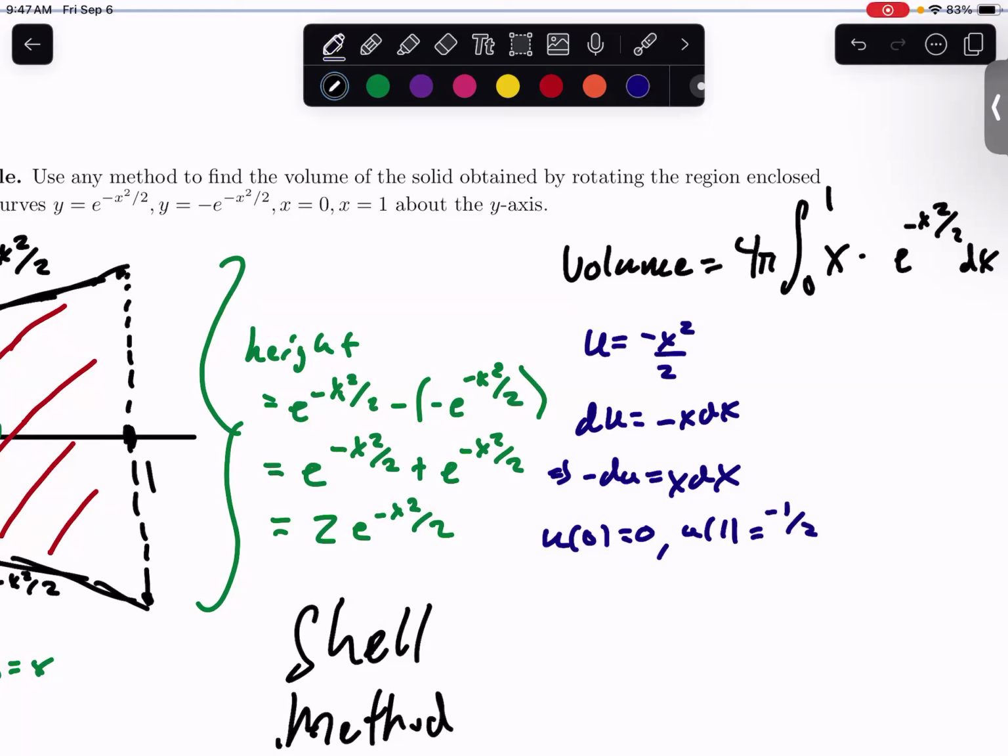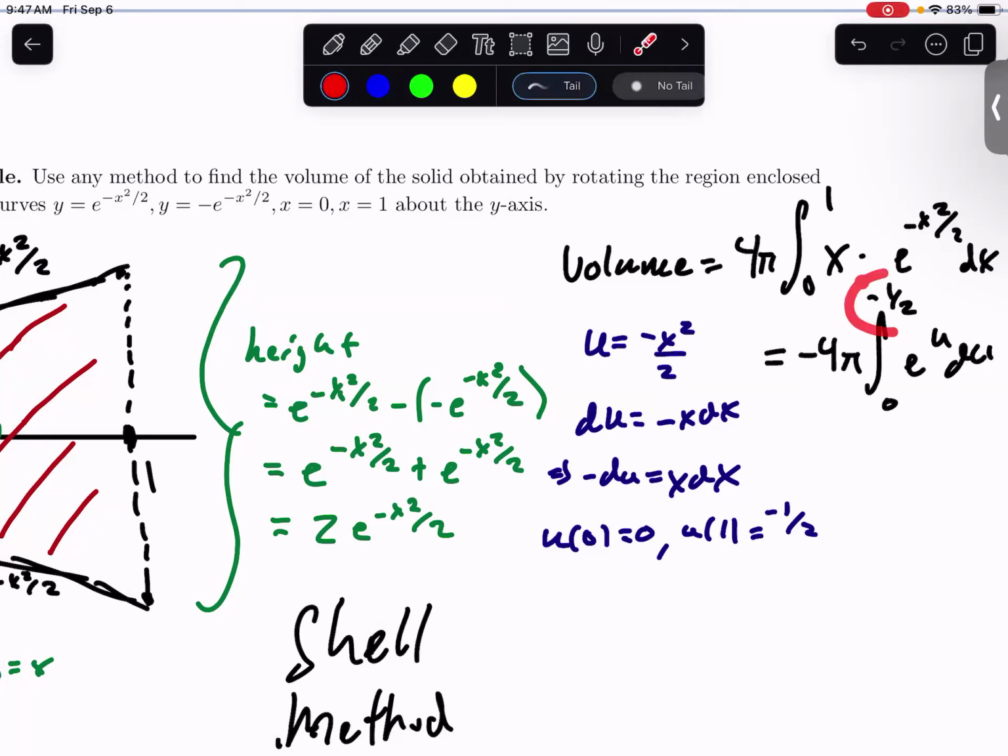And so the integral looks something like this. I might go a little bit faster. So this ends up being minus 4 pi times the integral from 0 to minus 1/2 of e to the u du. Again, you can switch the order of these limits of integration, and it has the effect of getting rid of the minus sign.